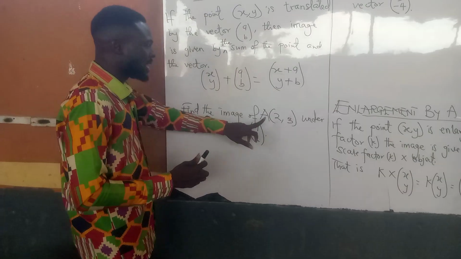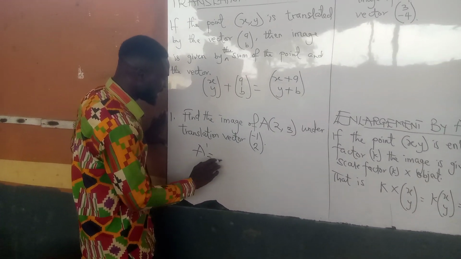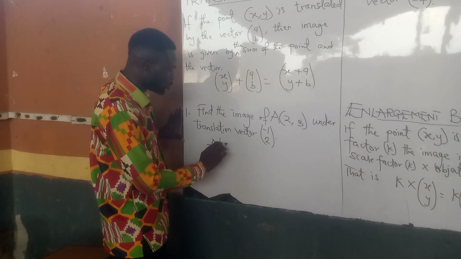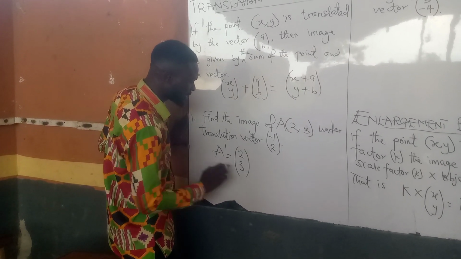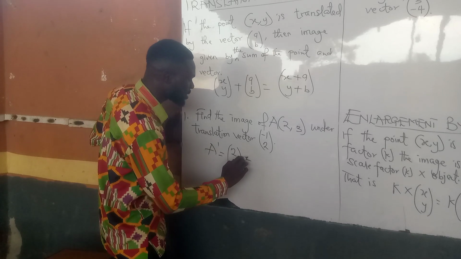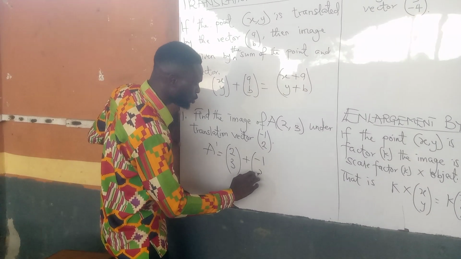So if I want the image of A, which is A prime, then A prime is equal to the point (2, 3), its position vector is this, plus the vector. What is the vector? (-1, 2).